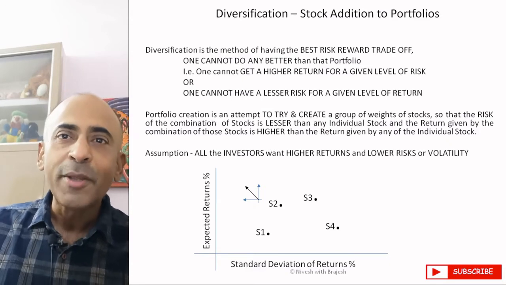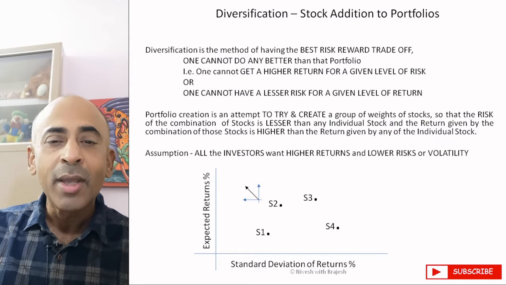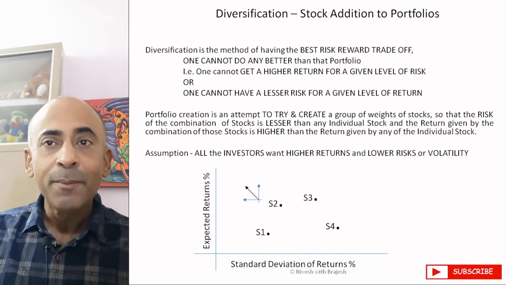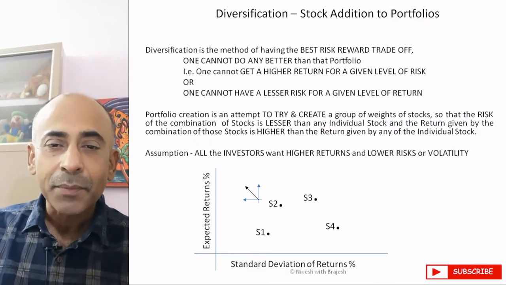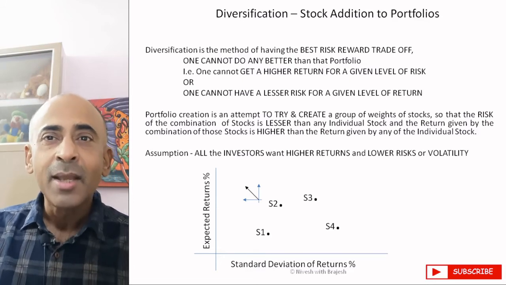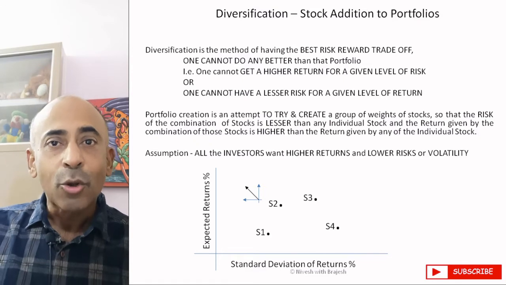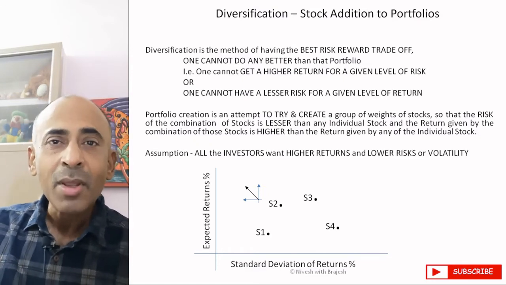Now for a portfolio to be well diversified, it is essential that the stocks in that portfolio have minimal or very low correlation. Low correlation means that if one stock goes up, the other stock does not go up in sync with it. Correlation can range between +1 and -1.